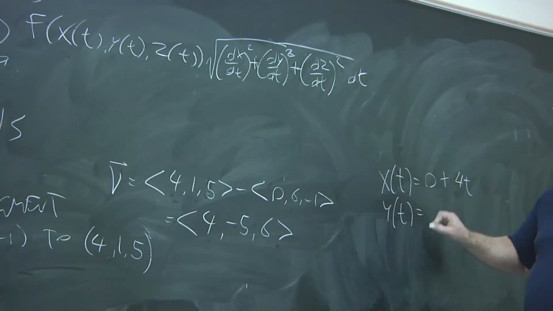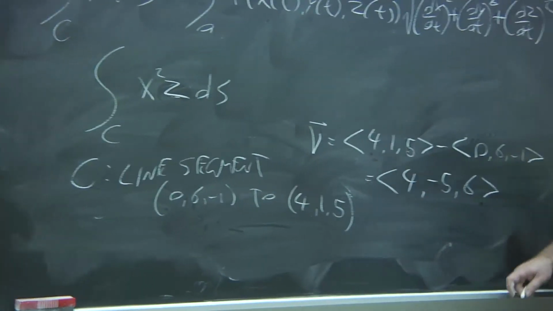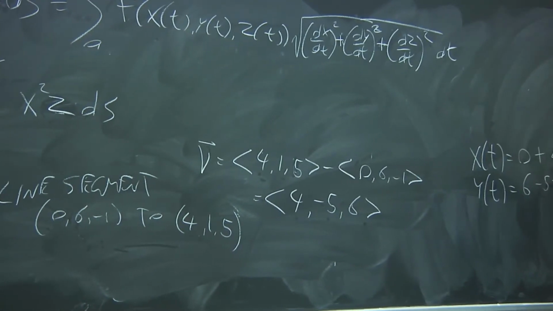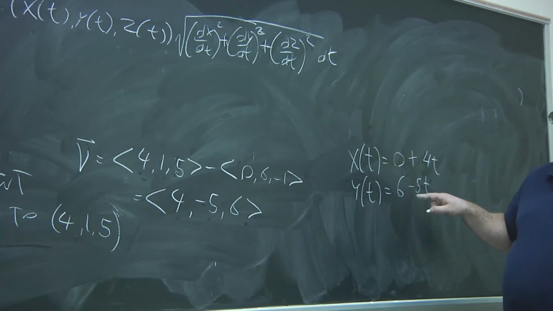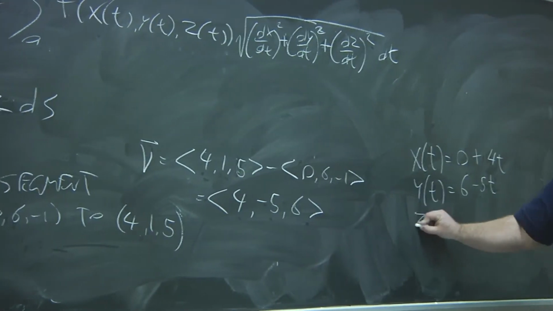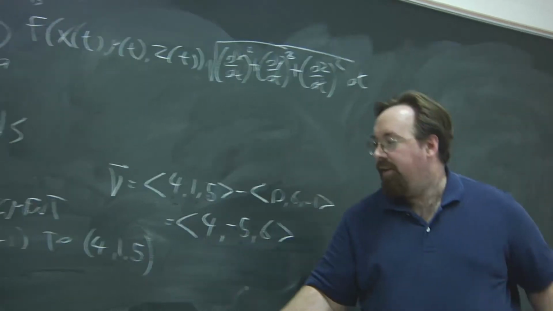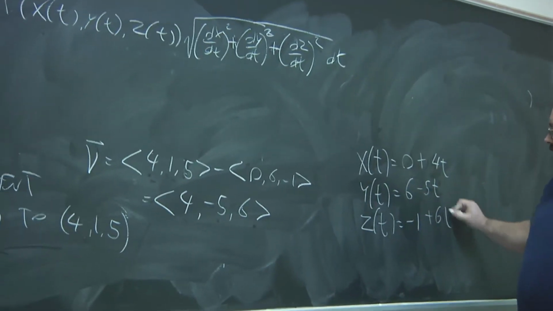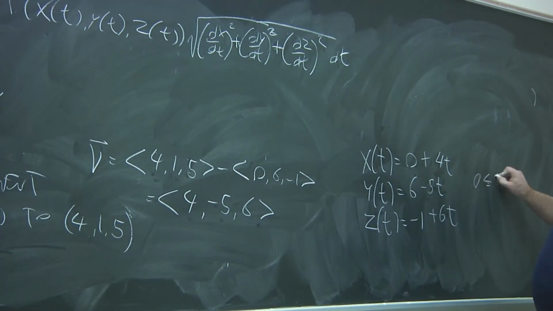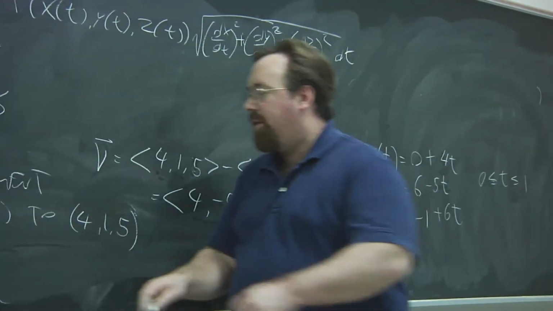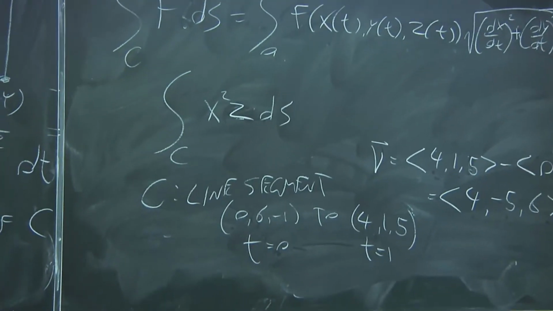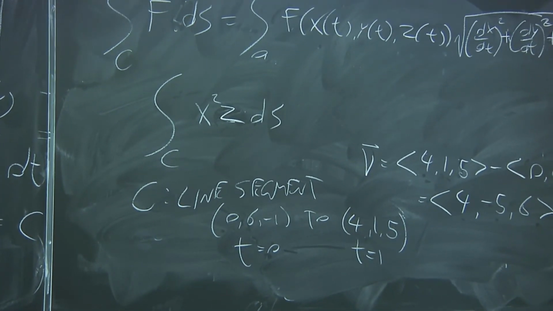Y of t, similar: 6 minus 5t. So when we plug in t equals 1, we get 1, which is the ending y coordinate. And finally, z of t is minus 1 plus 6t. And t runs between 0 and 1. So when t is equal to 0, we're at this point, and when t is equal to 1, we're at that point. Anytime you have to work with a line segment, that's one way in which you can parameterize it. It's quite convenient.